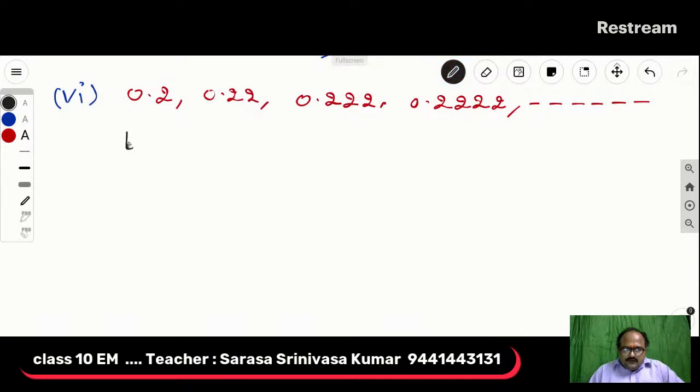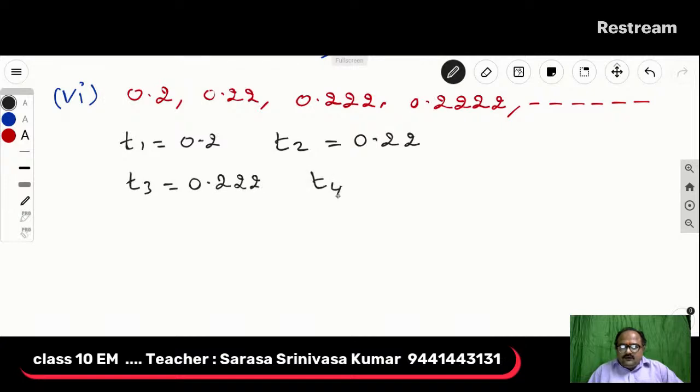Here we note down T1 equal to 0.2, T2 equal to 0.22, T3 equal to 0.222, T4 equal to 0.2222.